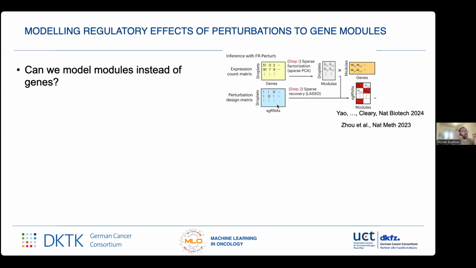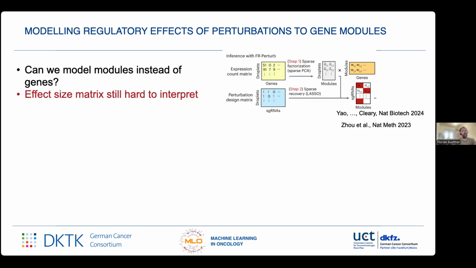In other words, we use as input which gene was perturbed and use that to predict the activity of these latent factors. You can also do that not as a two-step approach, but as an integrated approach and jointly learn this regression module and the PCA module.